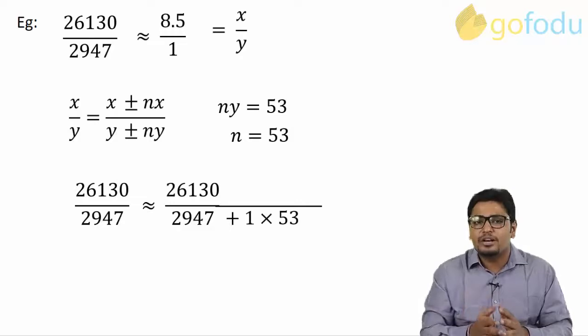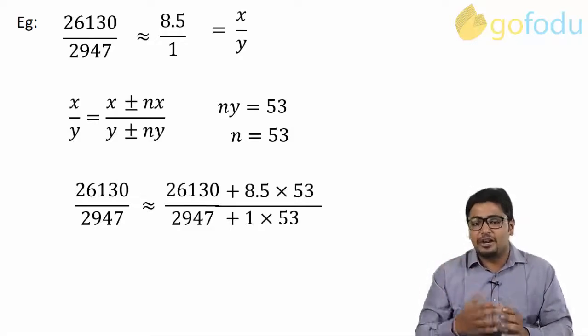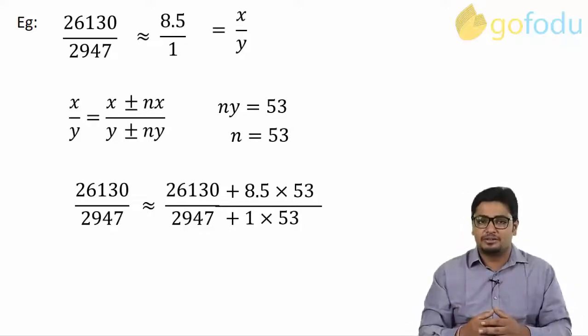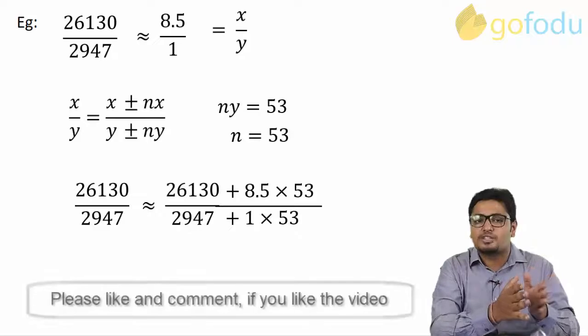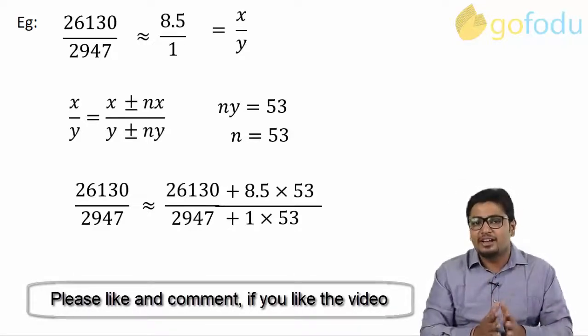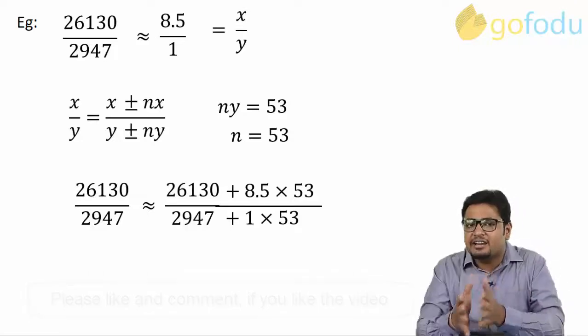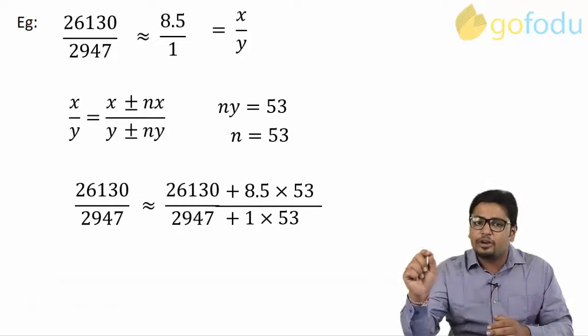And in the numerator we have to add 8.5 into 53 in order to balance the fraction. First time we took x upon y as 26130 upon 2947. Then while adding nx and ny, we took the simpler form of x upon y, that is 8.5 upon 1.